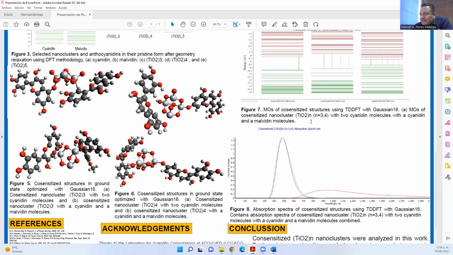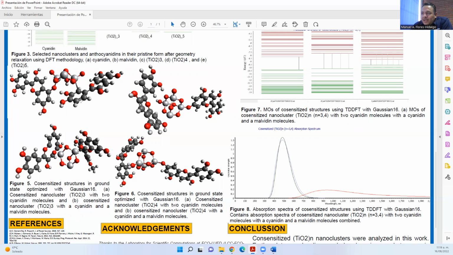If you see, these are 2 cyanidins, each one provides one positive charge to the system. So the complexity to reach equilibrium in this kind of system is a little bit of a challenge to the program.